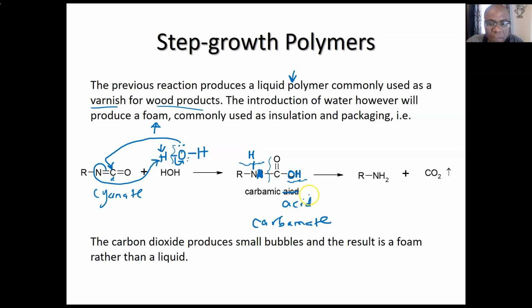It's a carbamic acid, and the carbamic acid can scramble. How do I show that? There's another mechanistic shortcut for this. So this nitrogen would accept that hydrogen, and then the bond between oxygen and hydrogen will be resonated inwards, and then this bond will break towards the nitrogen.